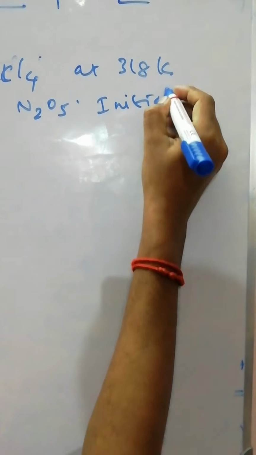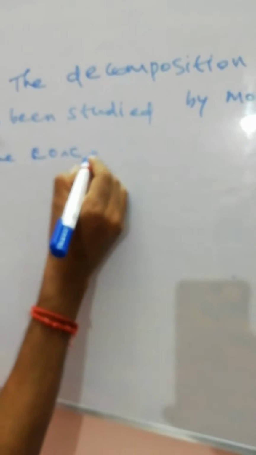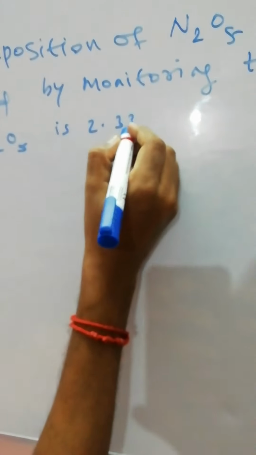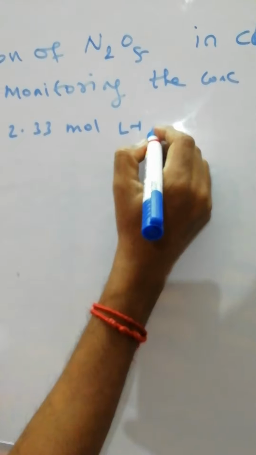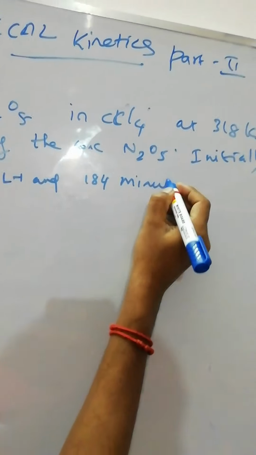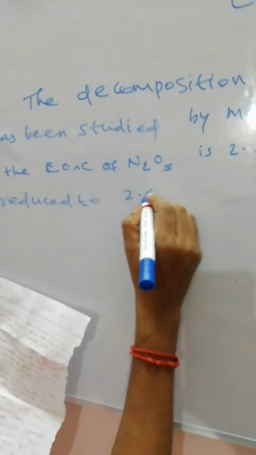Initially the concentration of N2O5, nitrogen pentoxide, is 2.33 mole per liter, and after 184 minutes it is reduced to 2.08 mole per liter.